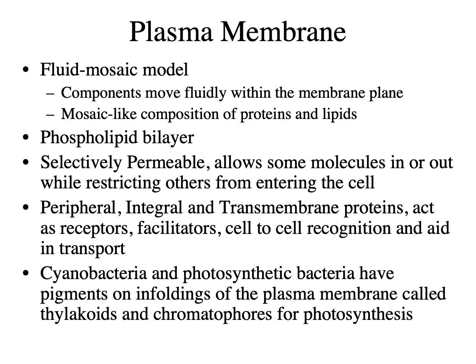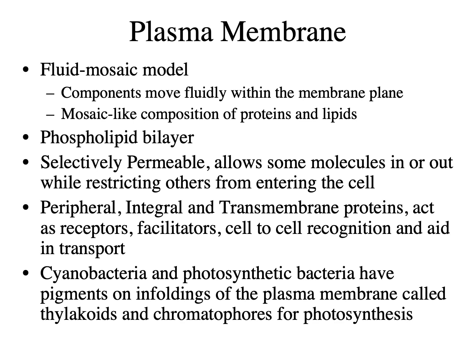It does have proteins that can act as an aid in transport for these larger types of molecules. There are peripheral, integral, and transmembrane proteins. These proteins can also act as receptors or facilitators, and they can aid in cell-to-cell recognition.